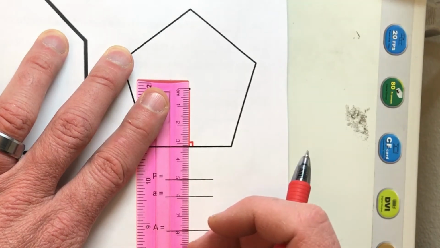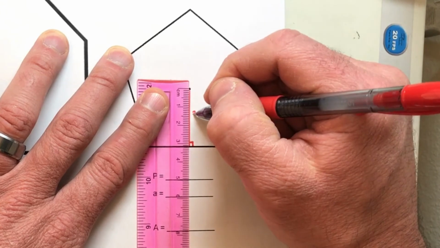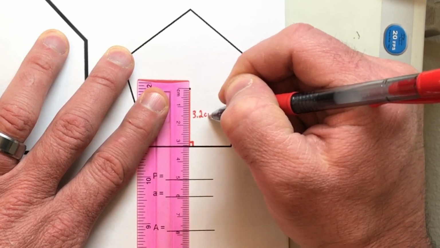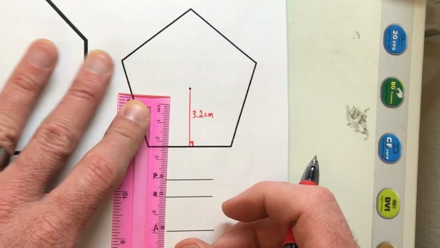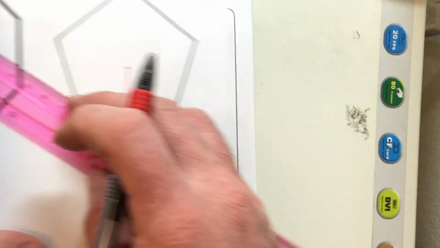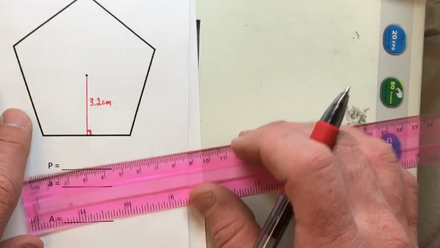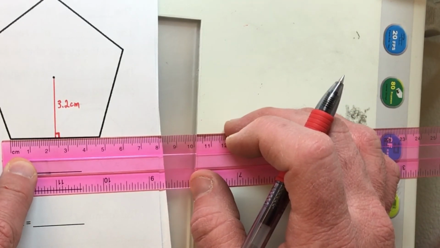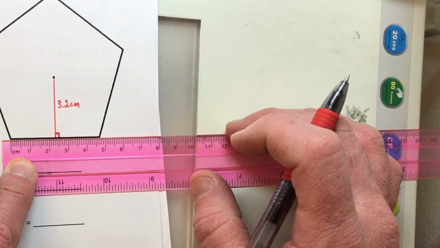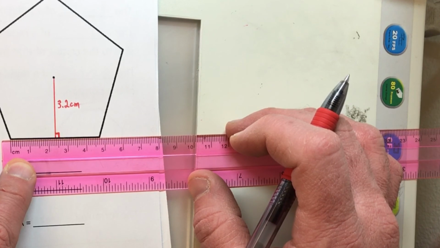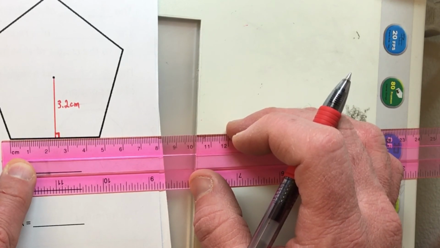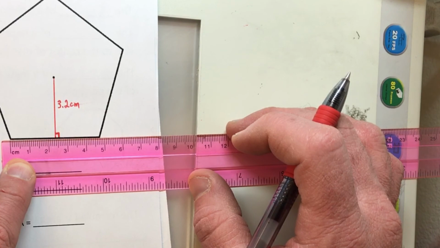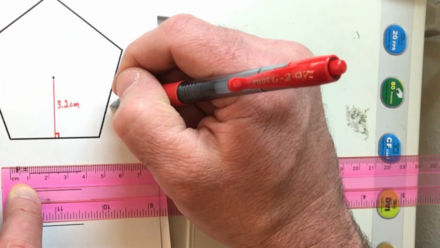Okay, so how long is the apothem? About 3.2. Somewhere around there. Okay, then how long is each side here? Yeah, we're going to say about 4.8. Kind of right between, but we're going to go ahead and go with 4.8.